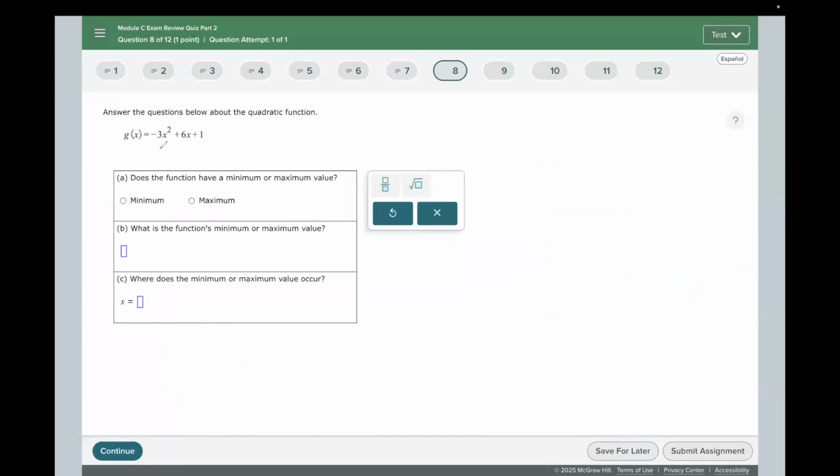All right, this one's saying we have this function g of x. It's a parabola and it's upside down because the leading coefficient is negative. So think about it, is this going to have a maximum or a minimum? Well, it's going to have a maximum. And let's just go plug this in to Desmos.